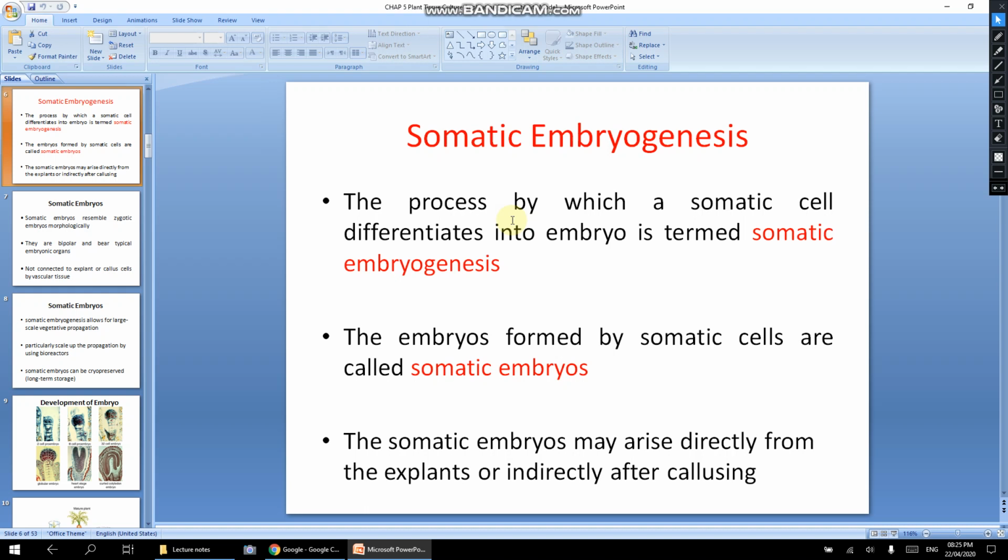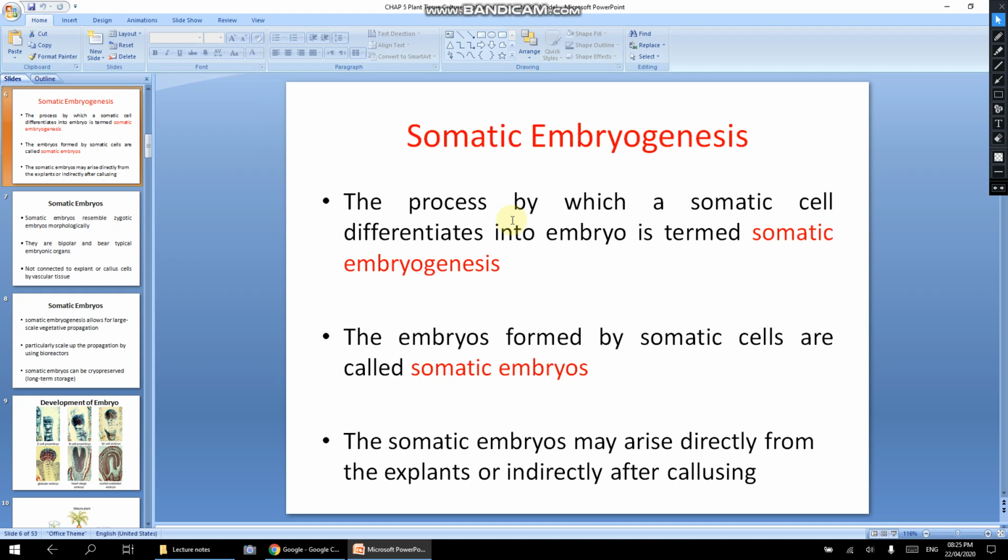It is like a seed because it has an embryo, but actually it is coming from somatic cells. It doesn't have any representatives from the male or the female, it just formed an embryo, so we call it synthetic seeds.